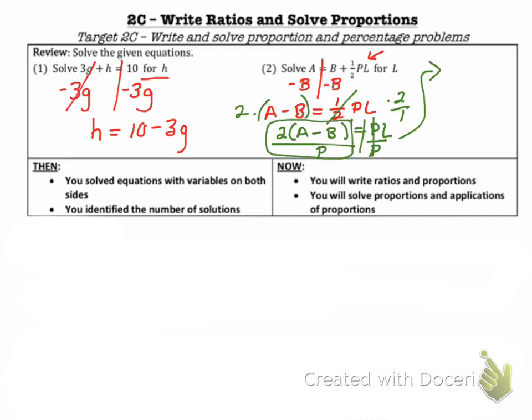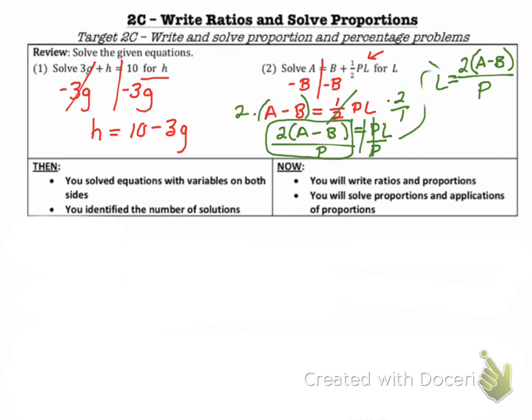I'm going to rewrite that as 2 parentheses a minus b, because that whole thing had to get multiplied by 2. And then the whole thing gets divided by p. Sorry, I realized I put p over there. P was supposed to go here. I didn't mean to confuse you. Let's try that again. So this would be L. Simple mistake. L is equal to that.